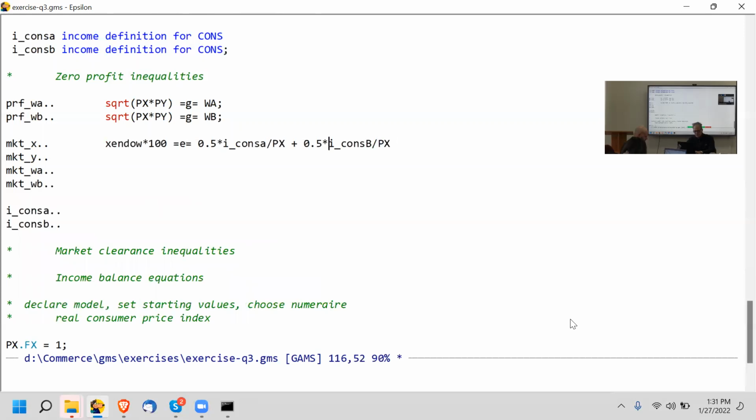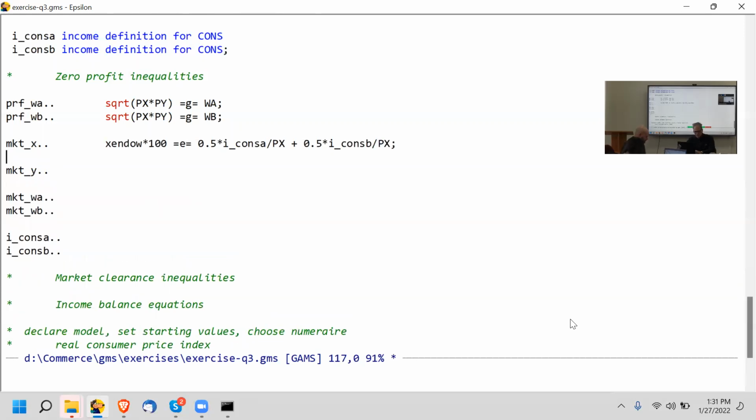Cons B. That's those guys, and we have the same thing for Y. That's those guys, and market for W. Oh, I'm sorry. Let's see. This guy was here. I just put in the demand function. So this is going to be equal to. I'm sorry. It's going to be 100 times.